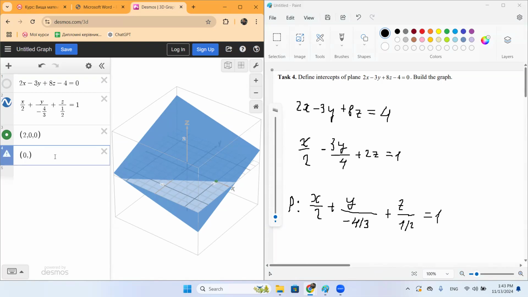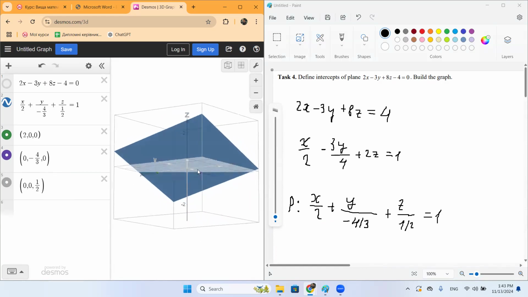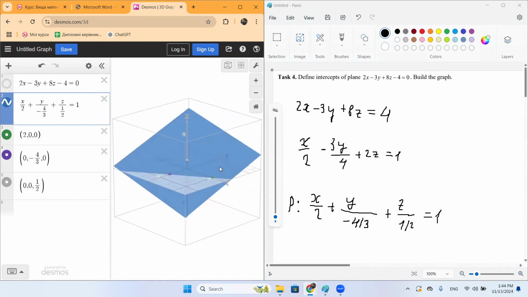So y-intercept minus 4 by 3, 0. So found y-intercept. And then z-intercept, 0, 0, 1 second. So all intercepts are found, as we can see. So everything is correct. Any questions about this task?